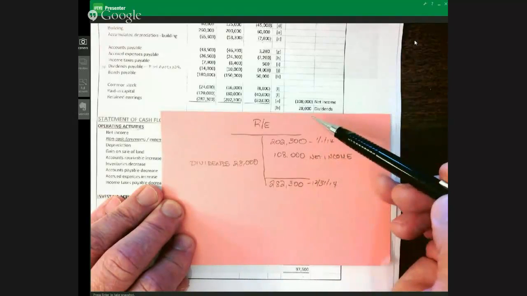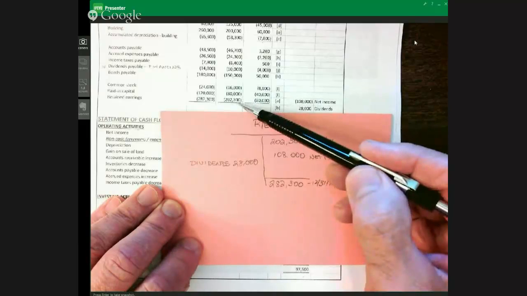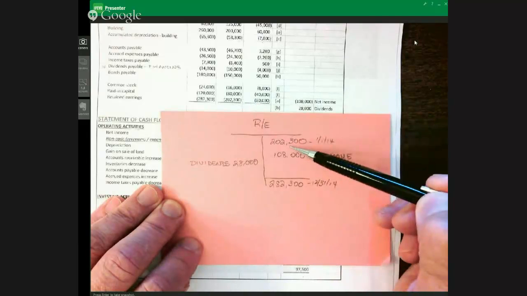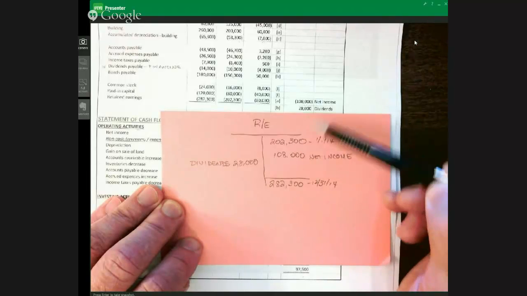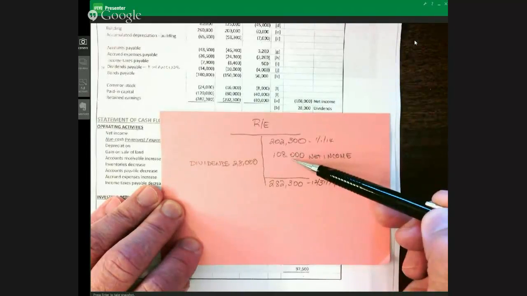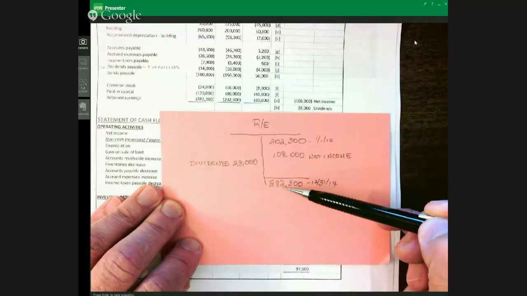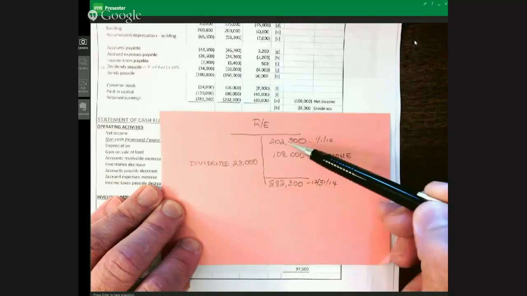So just to review that logic, retained earnings began with $202,300. We increased or credited retained earnings for the $108,000 of net income, and we want to attain an ending balance of $282,300.